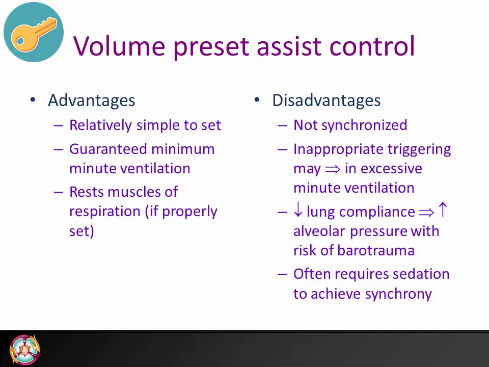Ventilator-initiated breaths may come on top of a patient-initiated breath. Inappropriate triggering, for example as a result of hiccups, may result in excessive minute ventilation. A fall in lung compliance results in higher alveolar pressure with the risk of barotrauma. And sedation is often required to achieve synchrony.